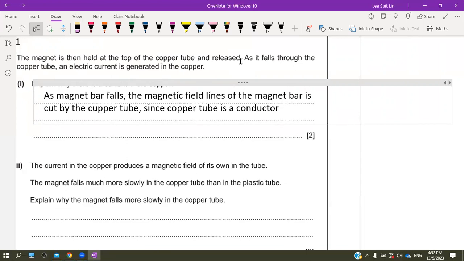But copper tube got. So since copper tube is a conductor, there is electromagnetic induction. Current is induced.